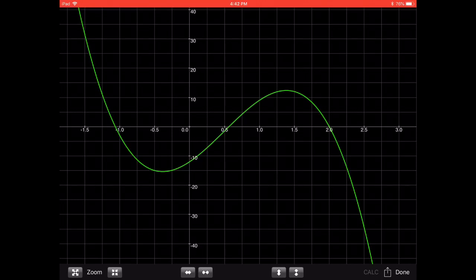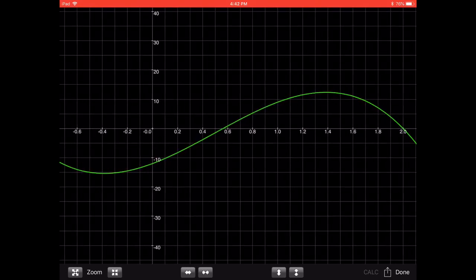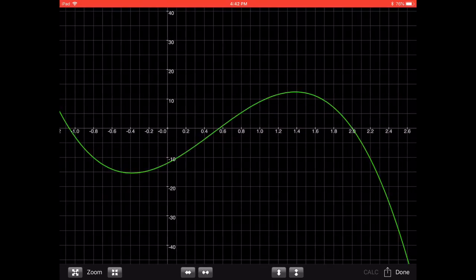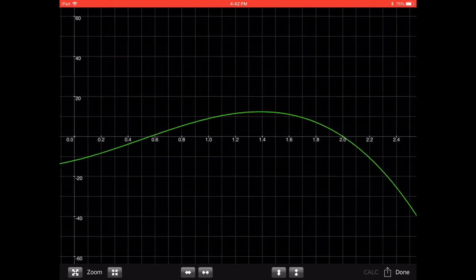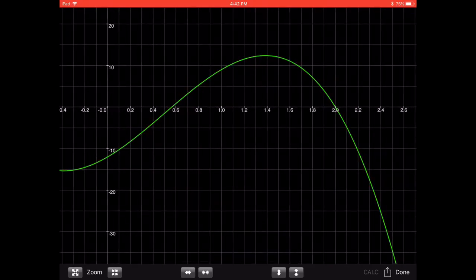Something a little bit bigger than 0.5 here, about 0.6, 0.5-ish, somewhere around there. And then the last one looks like it's at around 2. So those are all good clues as to what our possible zeros might be. I'm going to guess here that 2 is almost exactly, if not exactly, our zero.